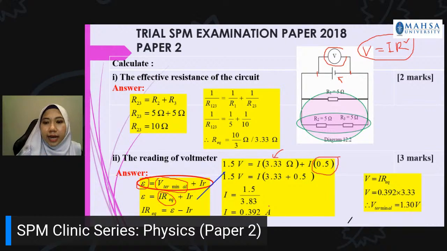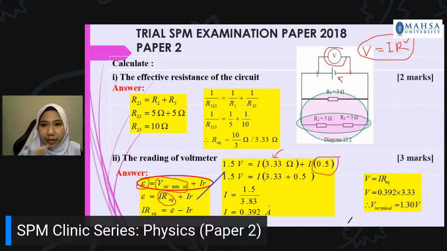Then next, by using the formula V equal to IR, the reading of the voltmeter, which is the value of the potential difference at the terminal of your cell or battery.